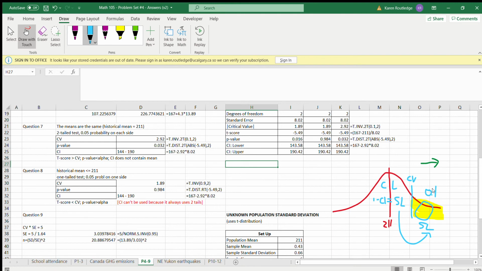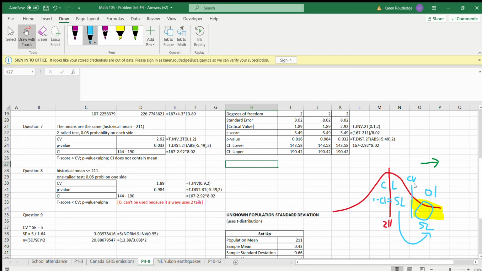So we give it the complement of the significance level, which we know happens to be the confidence level. So we give it the confidence level, we give it the degrees of freedom, number of data minus 1, and Excel will happily tell us that the critical value, the number of standard errors away from the mean, is 1.89. So after we move 1.89 standard errors from the mean, we are left with 10% of our area.